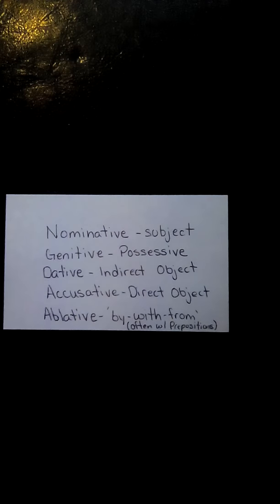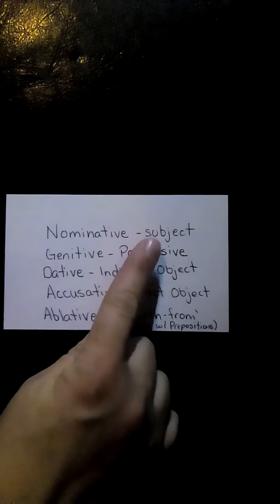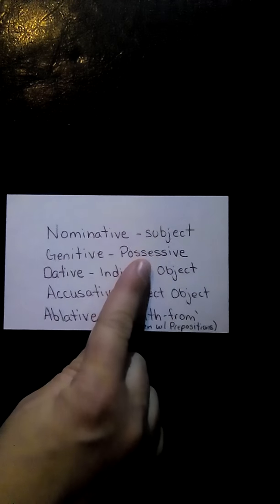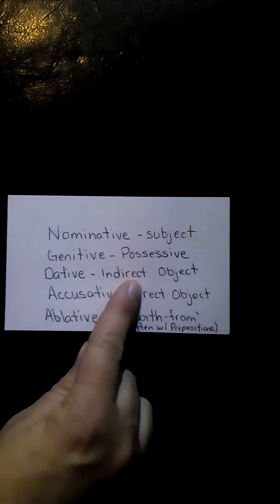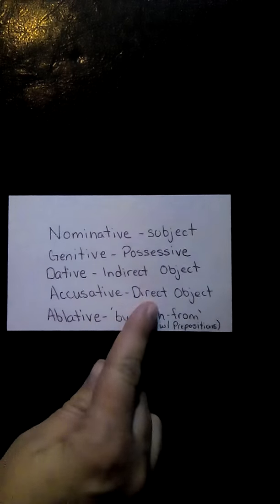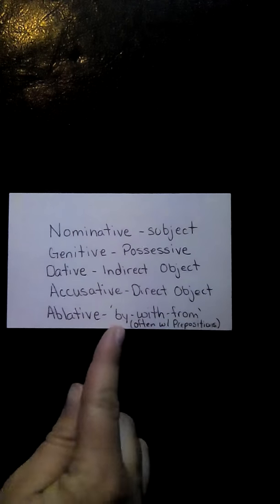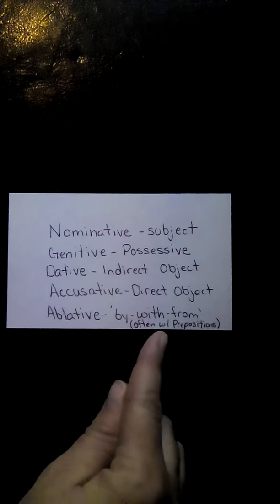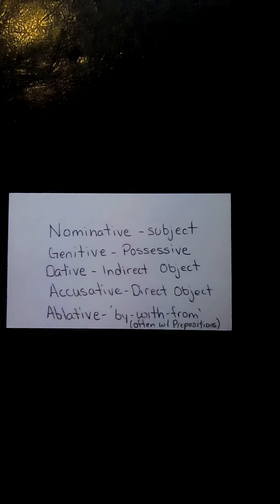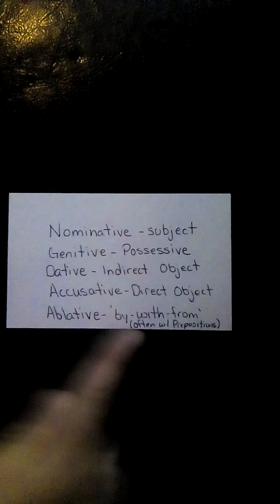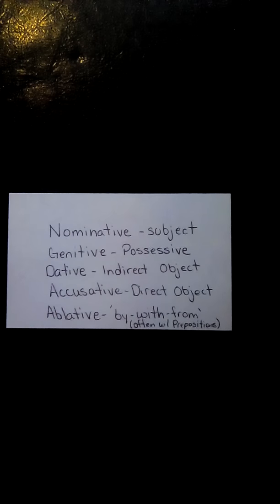And if you want to be even more specific, you could say nominative, subject; genitive, possessive; dative, indirect object; accusative, direct object; and ablative, by, with, from, and often with prepositions. A lot of us have learned this as ablative, object of the preposition, but as we learn later, it has some more jobs that it can also do.